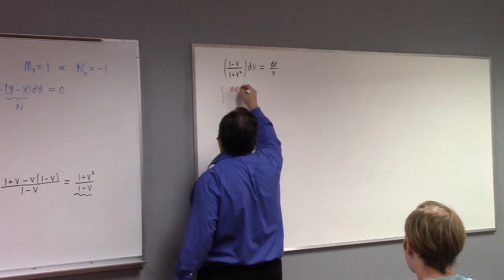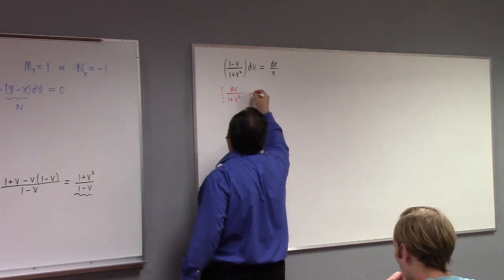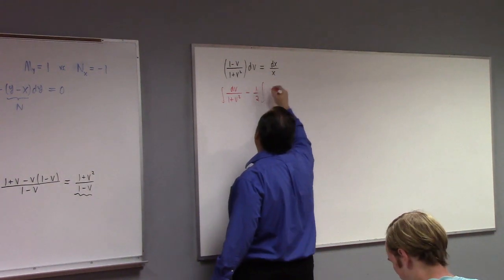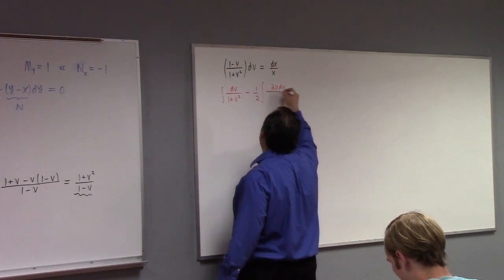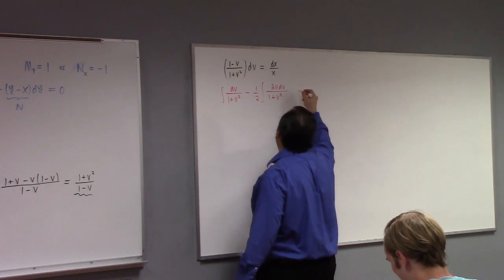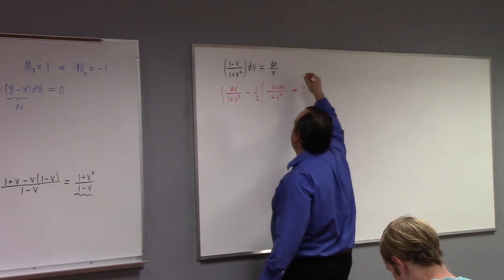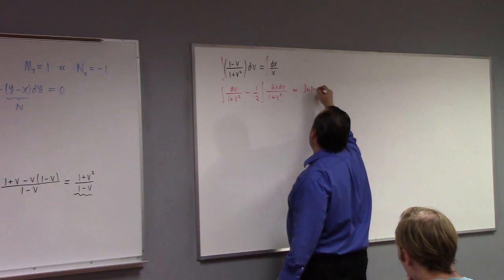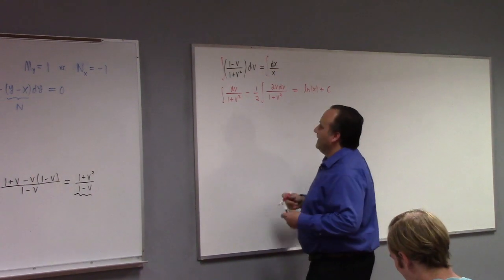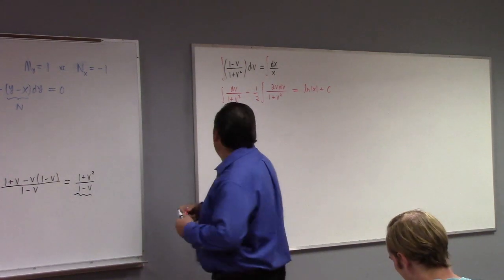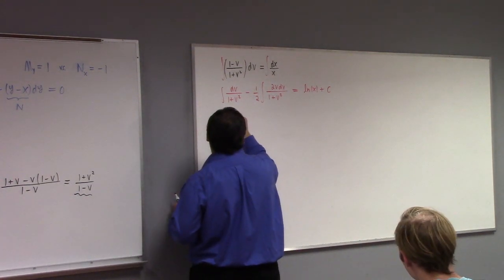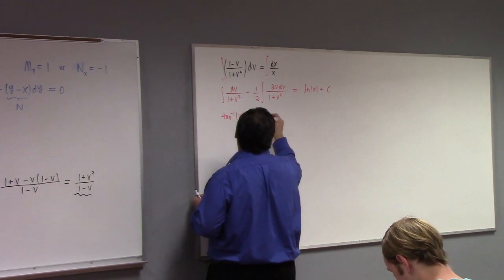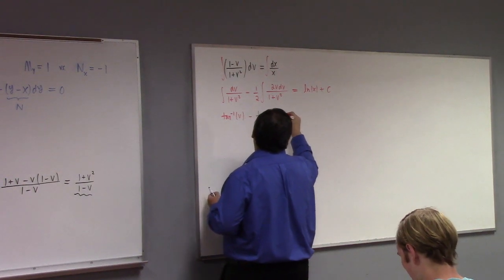We've got the integral of dv over 1 plus v squared minus 1/2 of the integral of 2v dv divided by 1 plus v squared equal to, let me put this thing out of its misery, natural log of the absolute value of x plus a constant, yeah? The first one gives us inverse tangent of v, and this one gives me minus 1/2 the natural log of the absolute value of 1 plus v squared.